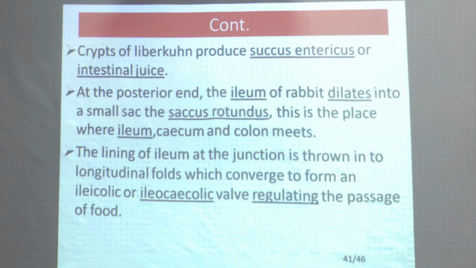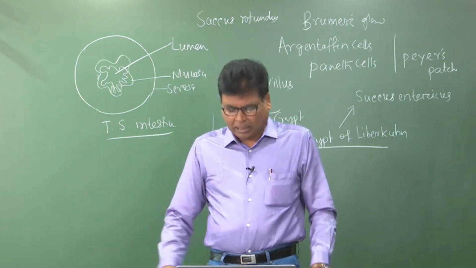The inner lining of the ileum at the junction is thrown into longitudinal folds which converge to form one structure, the ileocecal valve, or this is also known as the ileocolic valve, which regulates the passage of the food material from the ileum to the next part of the alimentary canal, which is the large intestine. So, what is the structure? This is known as the ileocecal valve.